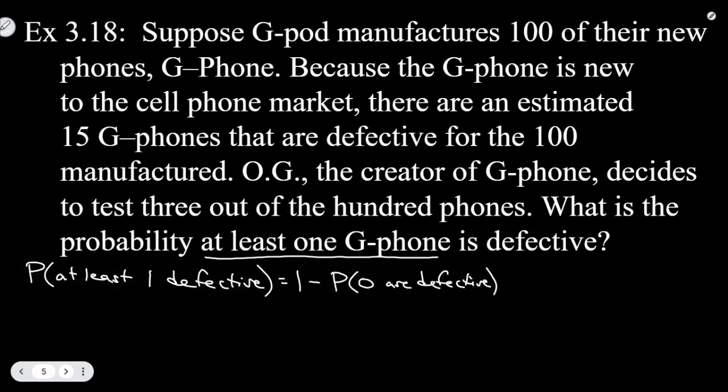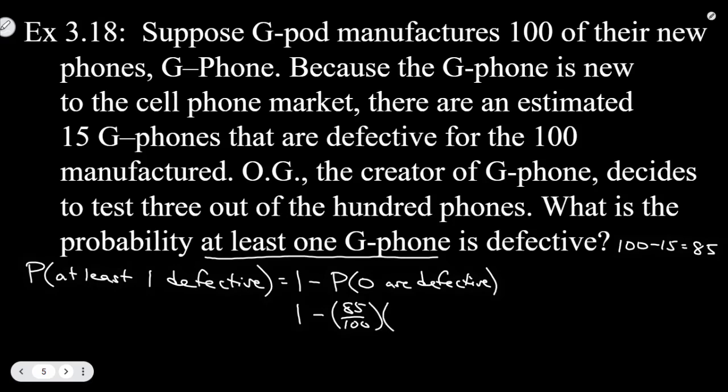Since we're choosing 3 of them, that means not defective, not defective, not defective. So we're going to have 1 minus the probability that the first G phone is not defective, which is 85 out of 100, because it told us that 15 were defective, and that means 85 are not defective. So that's the first one.